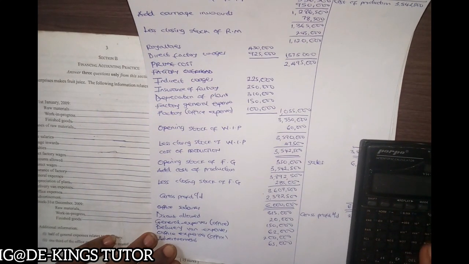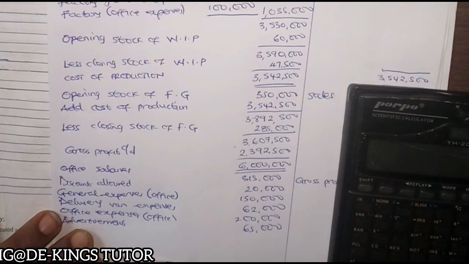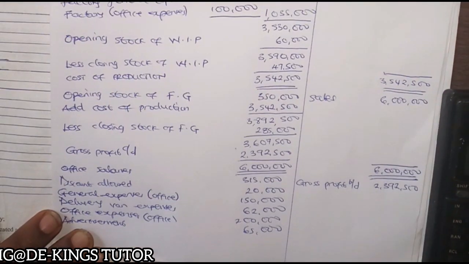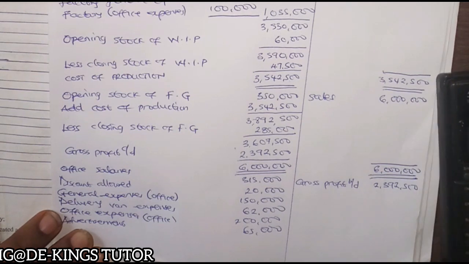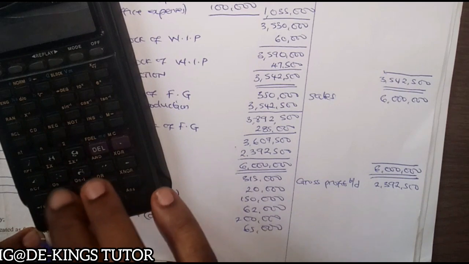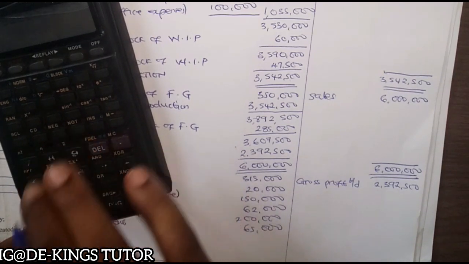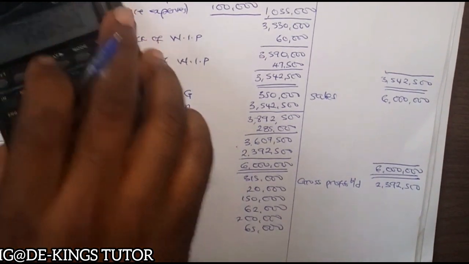So 315,000 plus 20,000 plus 150,000 plus 62,000 plus 265 give us 812,000. So if we deduct it from 2,392,500 minus 812,000, we have 1 million.